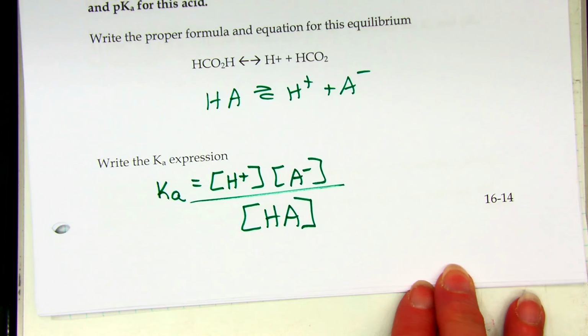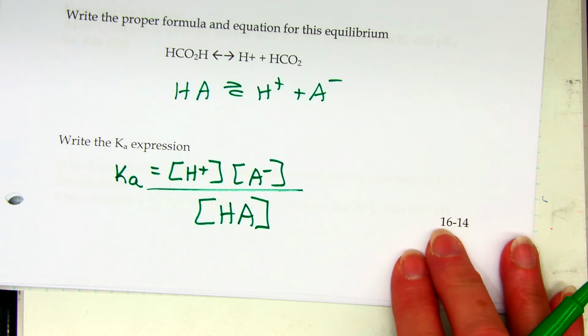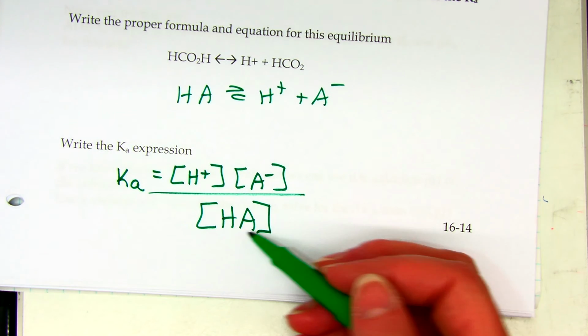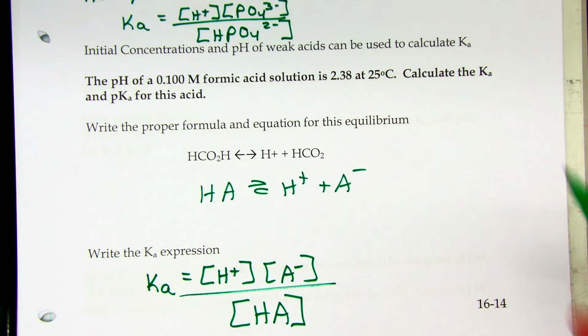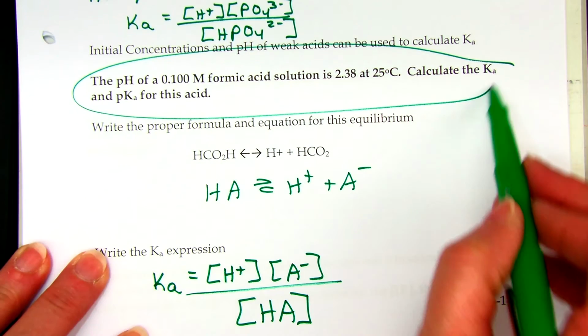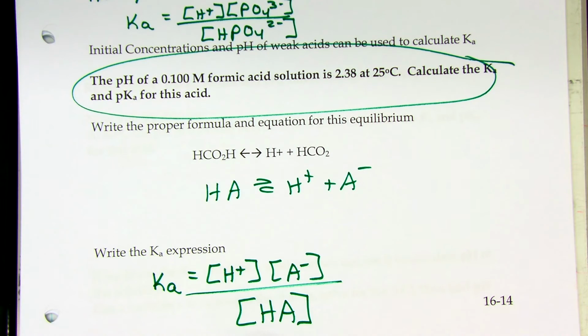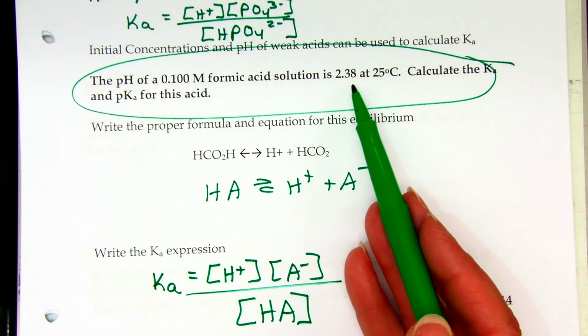So my goal here is to find Ka. So if I knew these 3 numbers, then I could find the Ka. And let's look at what I do know. I know the initial concentration of this acid before it dissociates, and I know the pH.